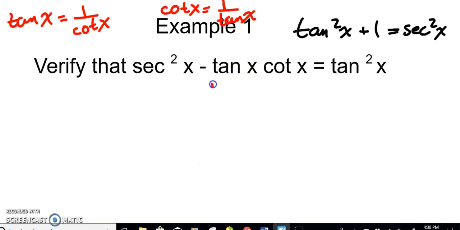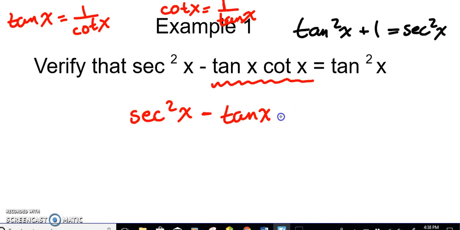So let me deal with this part here. It's up to you; you can deal with this part if you want, or that one. It doesn't matter, as long as you can work it out. We have our identities, and let's just try stuff. If we're wrong, we'll just erase it and start over, or crumble the paper and throw it away. That's perfectly fine. So I'm going to keep the secant squared here right now and change the cotangent over to tangent. So cotangent x equals 1 over tangent x.